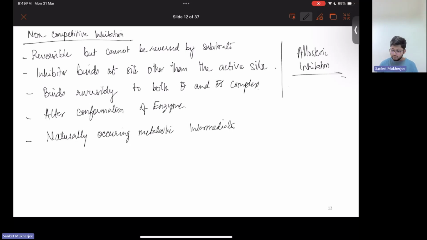Okay. So if you want to see how the kinetics works, enzyme plus substrate can form the enzyme substrate complex, which forms the enzyme plus product. Here also there could be inhibition, like competitive inhibition, Ki.